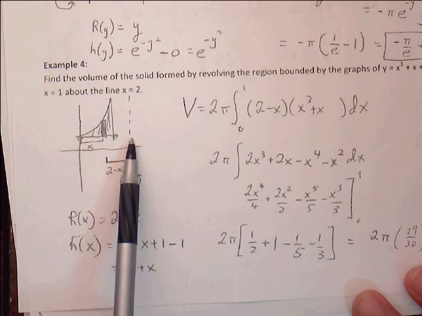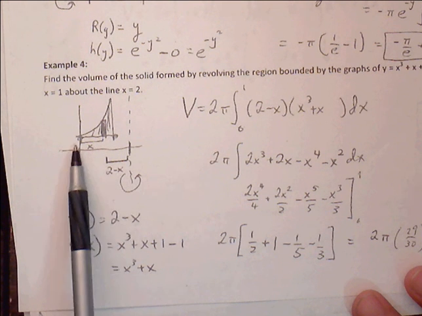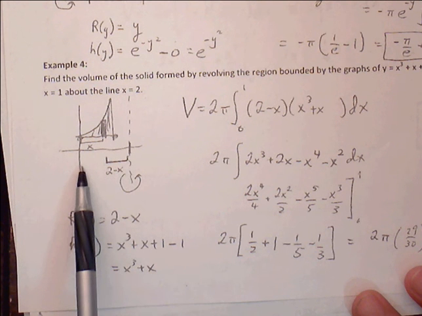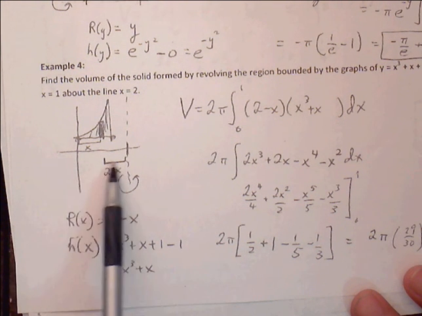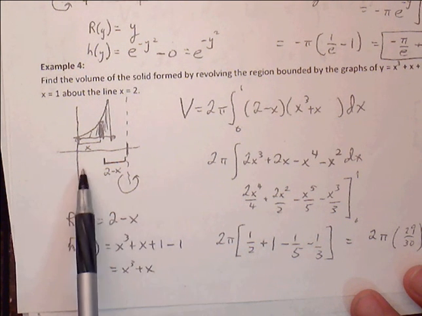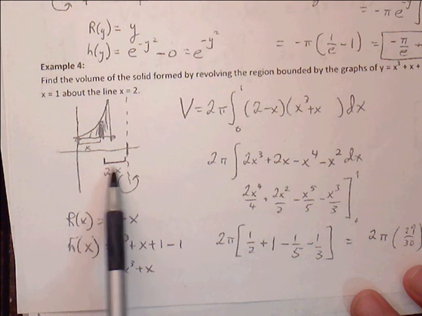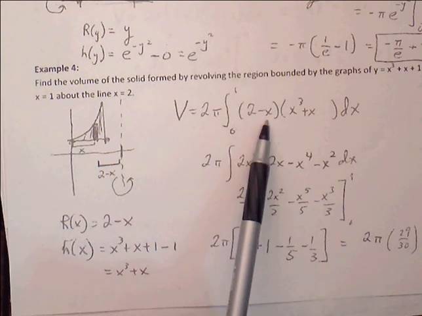So the distance from here to this representative rectangle, we can call this distance x, but if we want to find the distance from here to here, then that's going to be a distance of 2 minus x. This distance is 2, so 2 minus x will give us this remaining region. So 2 minus x is our representative shell radius given here.